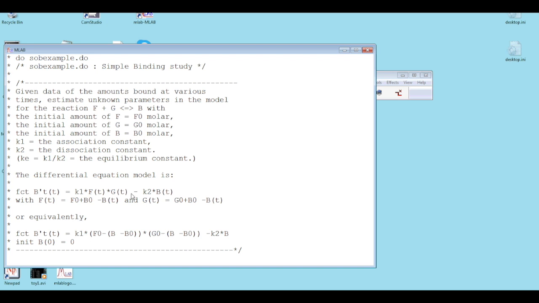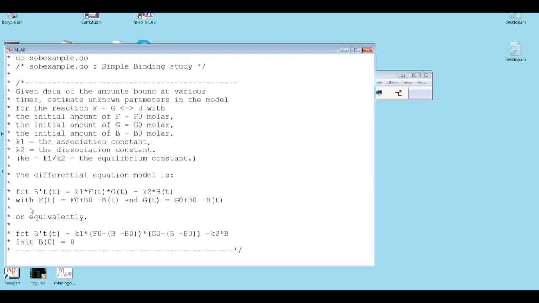And that's basically the creation term, the positive term that adds a positive number to the derivative. Minus, so this is the negative term, this is the destruction, K2 times the amount of B. So in other words, the bigger the amount of B is, the amount of that B that will change instantaneously back to F and G is proportional with the proportionality constant K2.